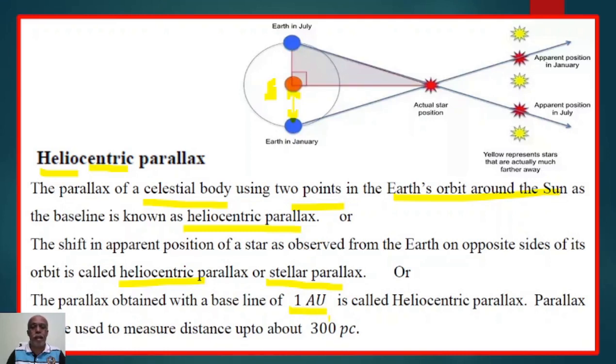Then the parallax obtained with a baseline of 1 astronomical unit is called heliocentric parallax. This is true only if we measure the angles from the Earth's surface when the Earth is revolving around the Sun. This parallax can be used to measure distances up to 300 parsec.